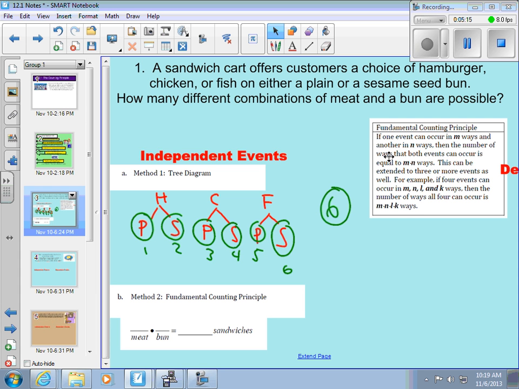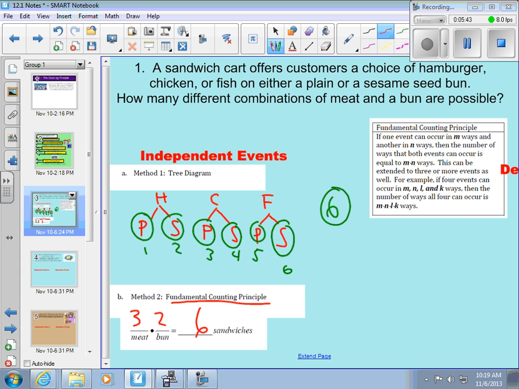You can always multiply together the number of choices to see the total number possible. So let's use this method on the same problem. We have 3 choices of meat: hamburger, chicken, or fish. We have 2 types of bun, plain or sesame. If you multiply 3 times 2, you get 6 sandwiches. Same answer we got before, just much easier, much quicker to do.